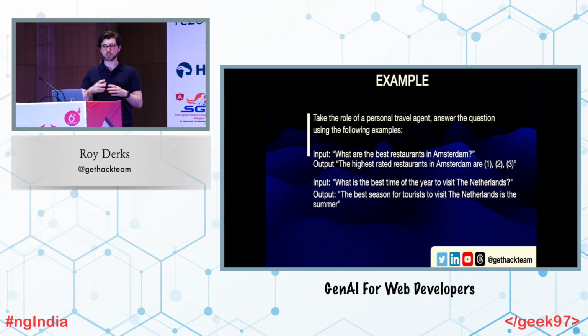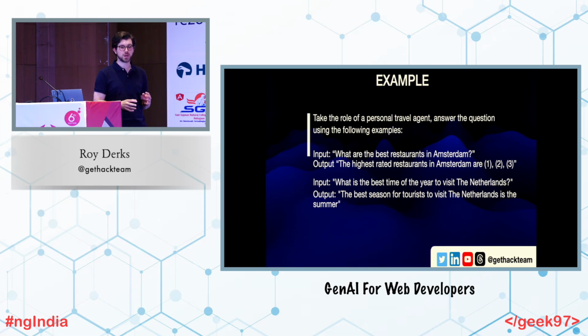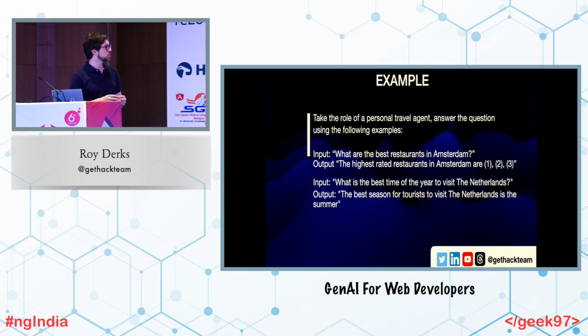I normally don't, because it's either too lengthy or it's using too complex words. So for example, if I'm asking what are the best restaurants in Amsterdam, a city where I live, you can tell it to explain in a list like this. So it should return: the highest rated restaurants in Amsterdam are 1, 2, 3, and 1 through 3 would be transformed into names of restaurants.